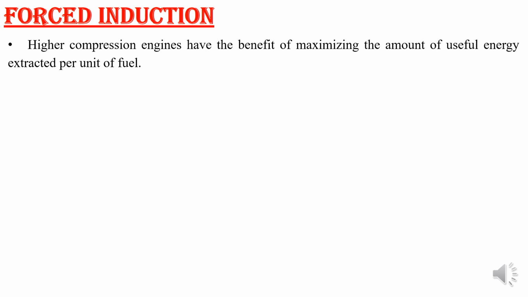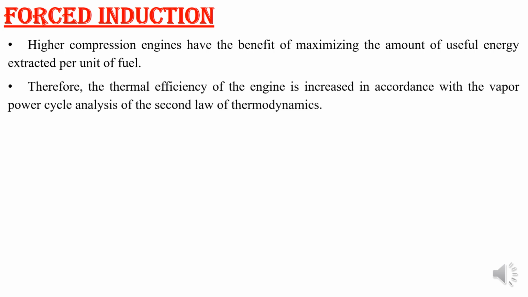More oxygen will be provided for the fuel, and so better combustion can be achieved while increasing the pressure of the air. Hence whatever energy of the fuel is there, more of that energy can be utilized. When more energy can be utilized, more power output comes into the picture. That means the thermal efficiency of the engine can be increased.